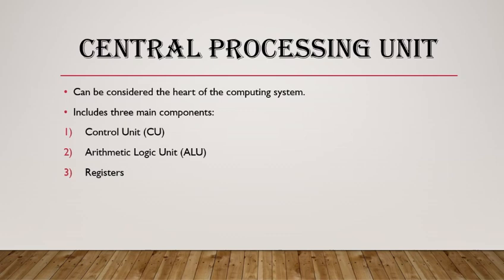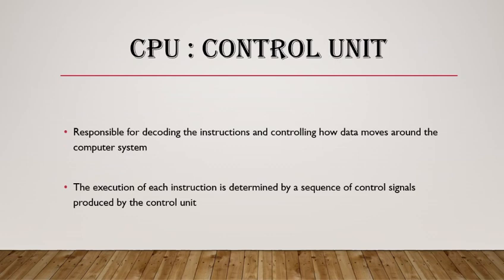It includes three main components: control unit, arithmetic logic unit, and registers. The CPU control unit is responsible for decoding the instruction and controlling how data moves around the computer system. The execution of each instruction is determined by a sequence of control signals produced by the control unit.